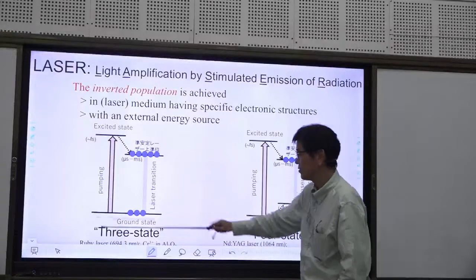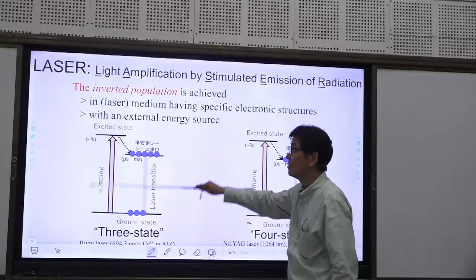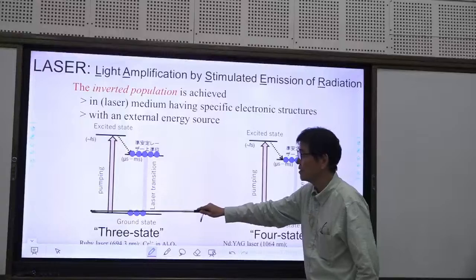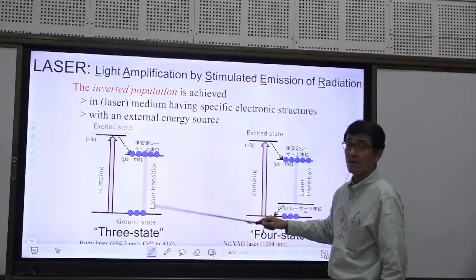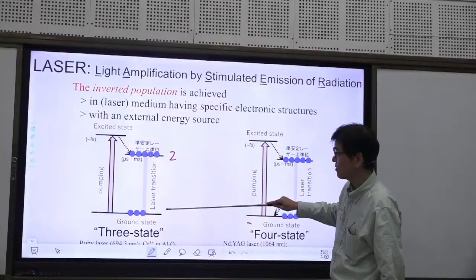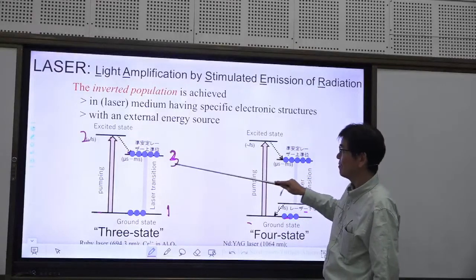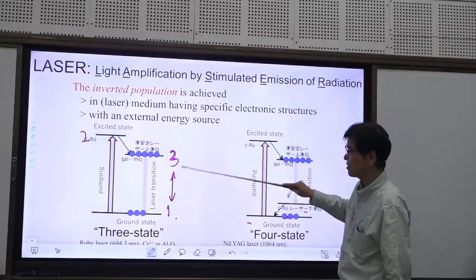Generally, there are two kinds of laser medium: 3-state laser and 4-state laser. In this case, 3-state: first, second, third. Then the laser emission occurs between the first and third state.